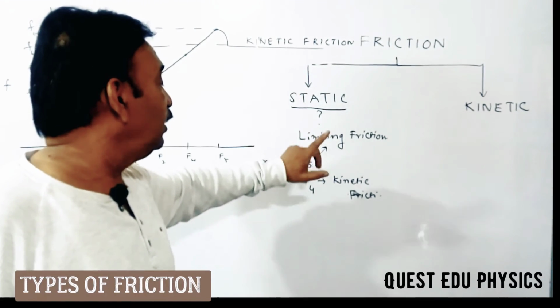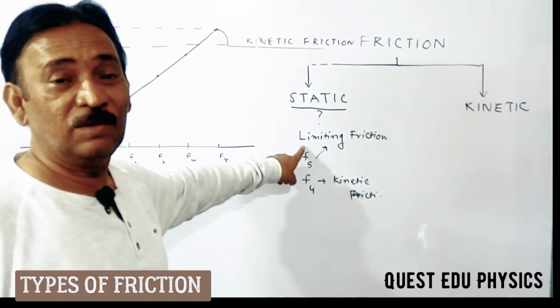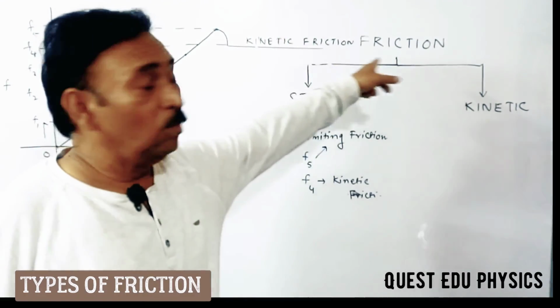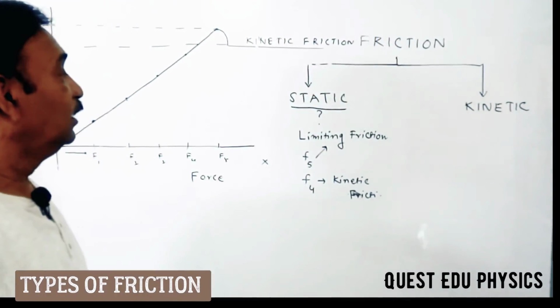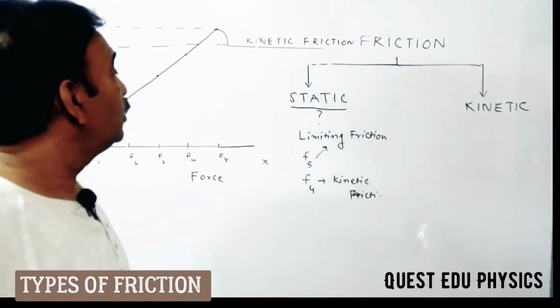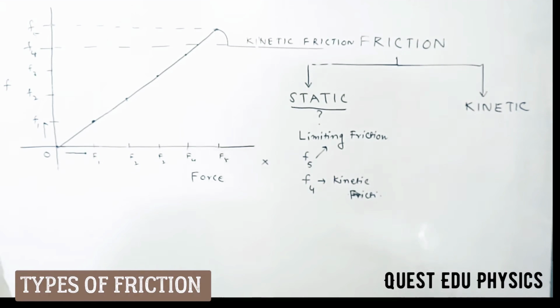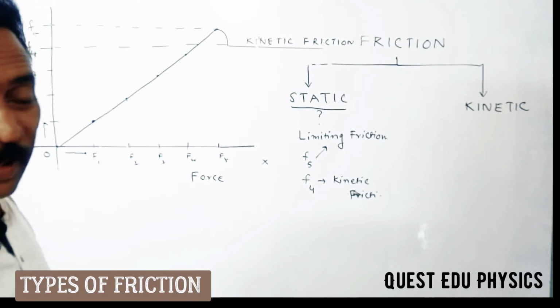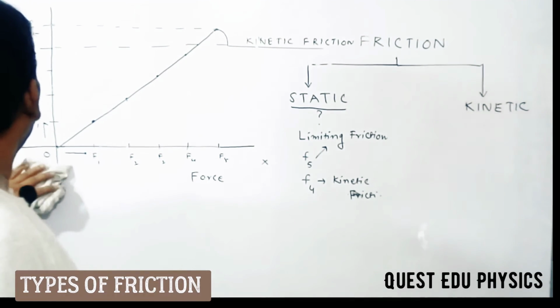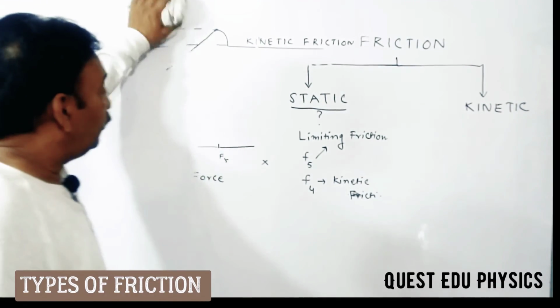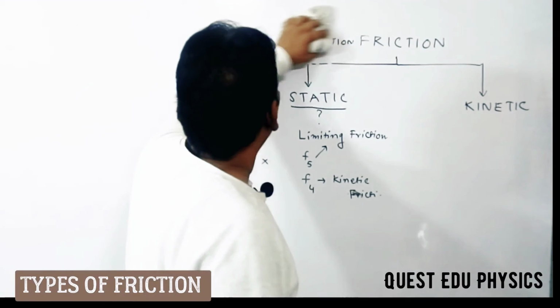The maximum value of the static friction is the limiting friction. Then after, the motion will start. That means the body moves over the surface. That thing is known as the kinetic friction. I hope you understood the difference between the static friction and the kinetic friction. Then after, we will learn about the laws of static friction.